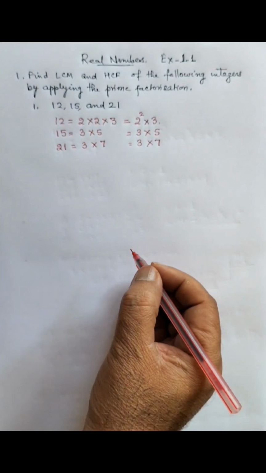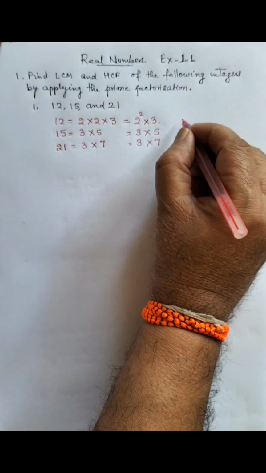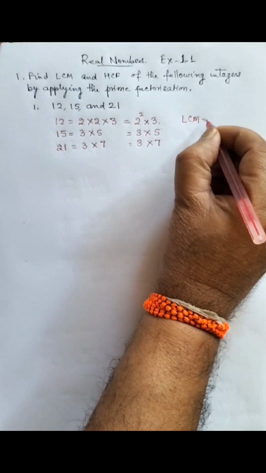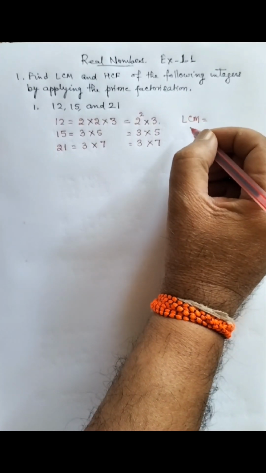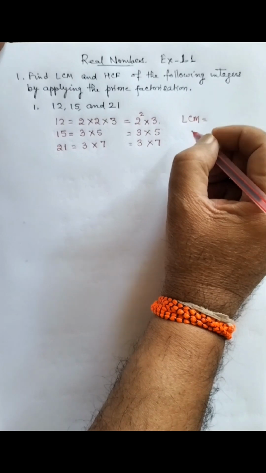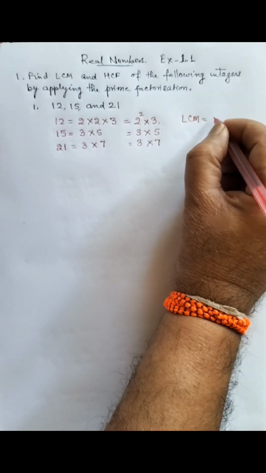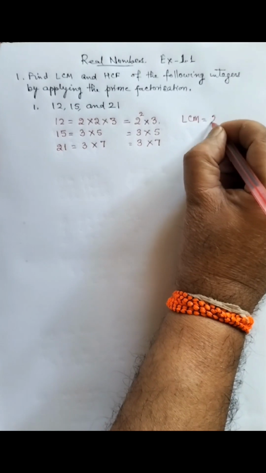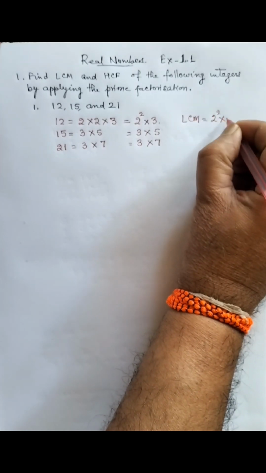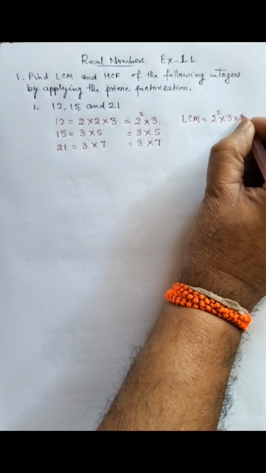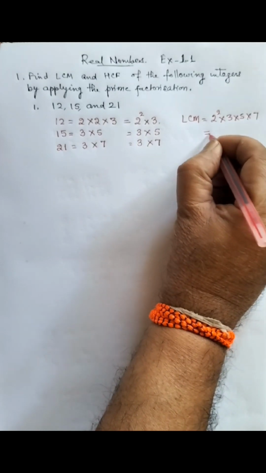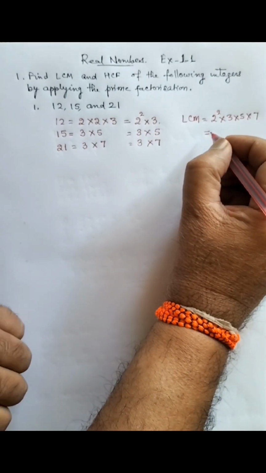Now once we got these prime factors, for the LCM we take all the highest powers, that is 2 square into 3 into 5 into 7. This is going to be its LCM.